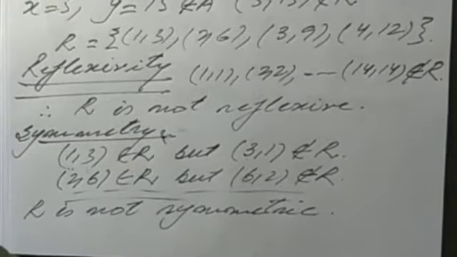Now we have to check transitivity. First we have to observe whether transitivity may be checked or not. There must be two ordered pairs such that the second component of one ordered pair is identical to the first element of the second ordered pair. So transitivity of the relation may be checked.